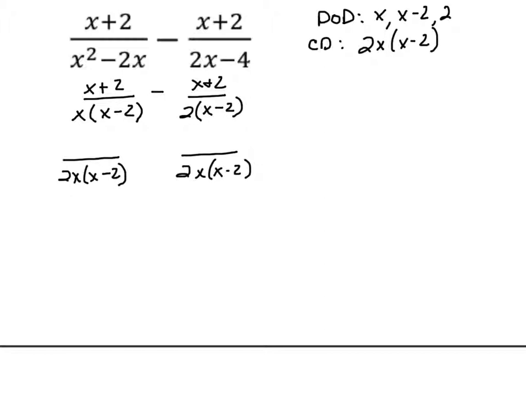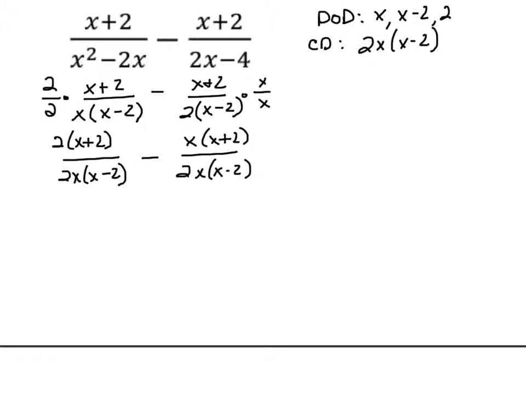And what you need to figure out is, from here to here, what part's missing. The 2 is. That's going to tell me what I'm going to multiply by. 2 and a 2. So now I've got a 2 times the quantity x plus 2 here. Over here I'm missing an x. So I'm going to multiply by an x, and I've got an x times an x plus 2 here. And then I've got a minus sign.